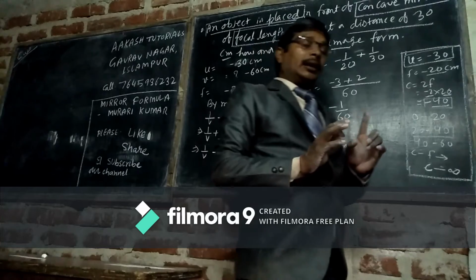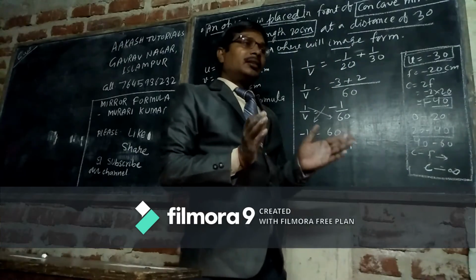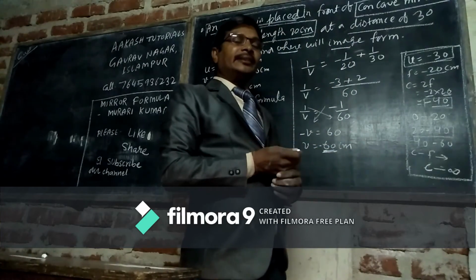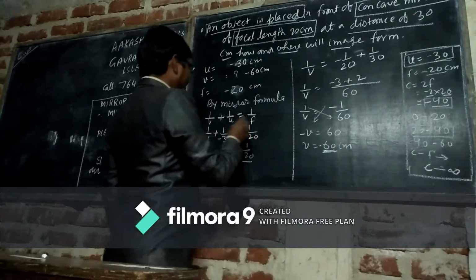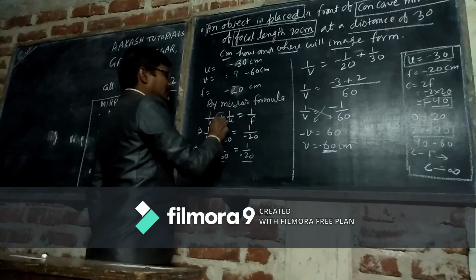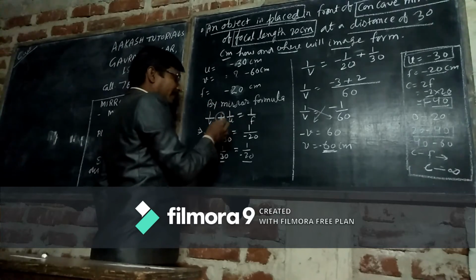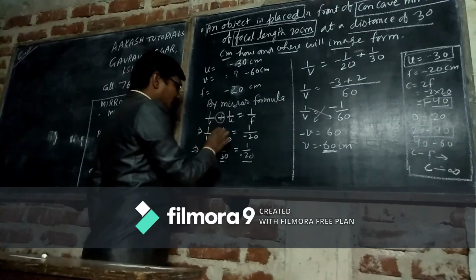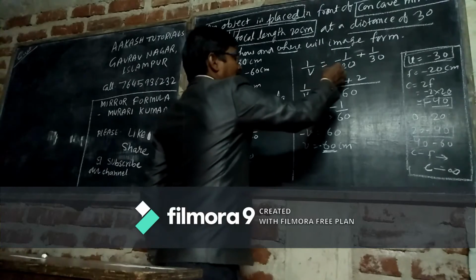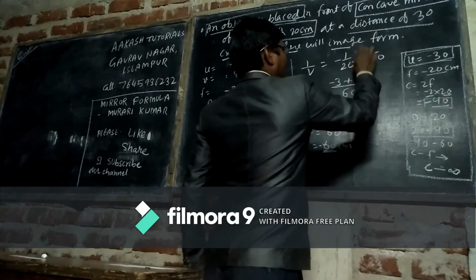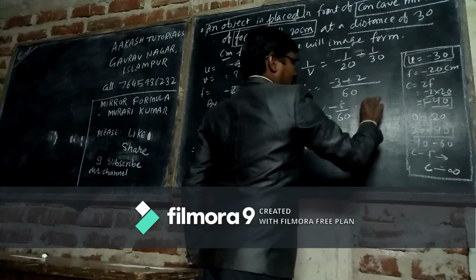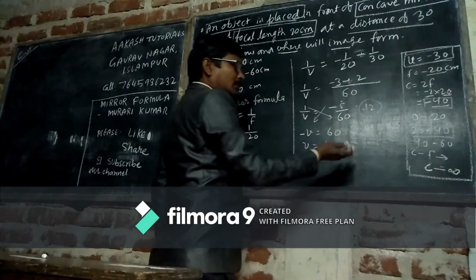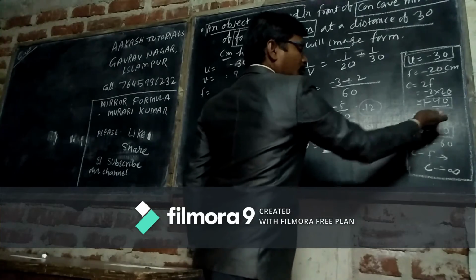Now a question arises: how can we say that your answer is correct? Where may you commit a mistake? The first mistake is that you may have applied minus instead of plus, so your value will be 12. This is incorrect, because it is in the 0 to 20 bracket.